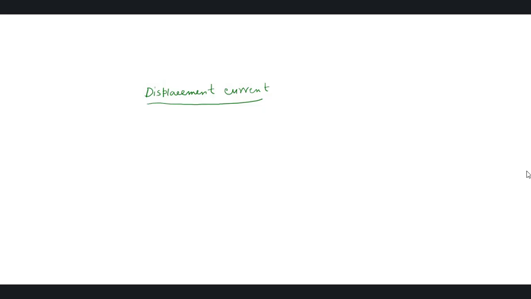So let's say we have a capacitor like this, or it's better to take the separation a bit more.